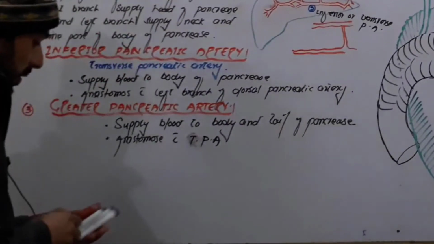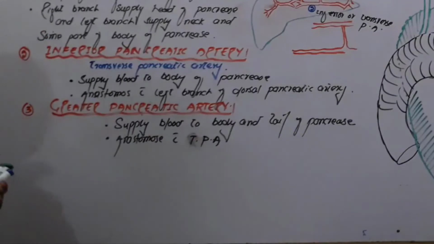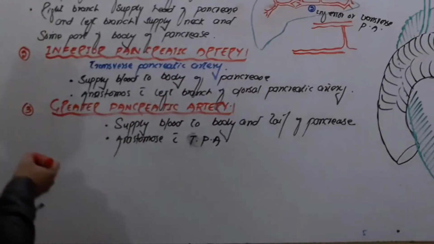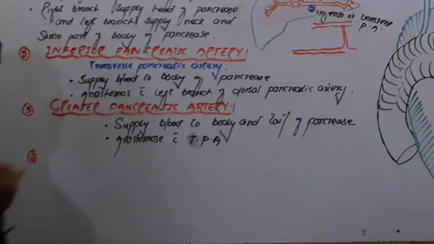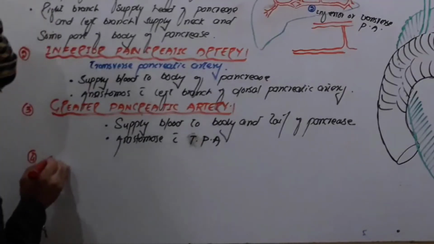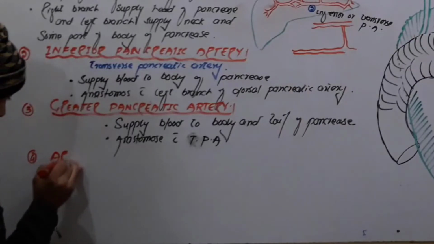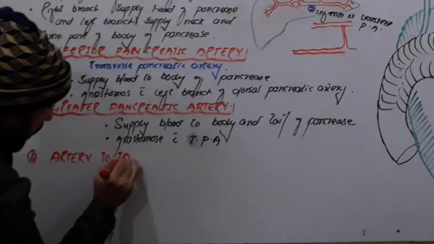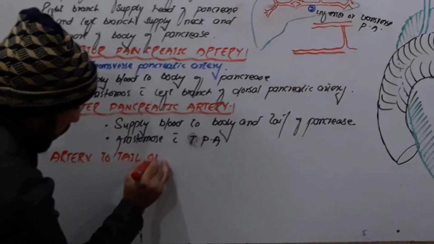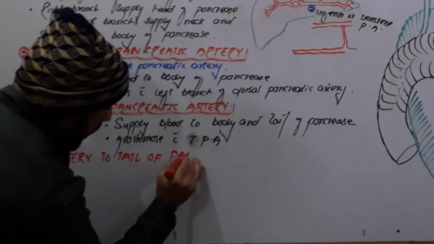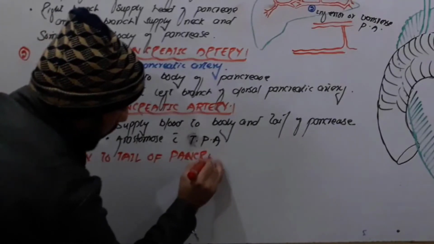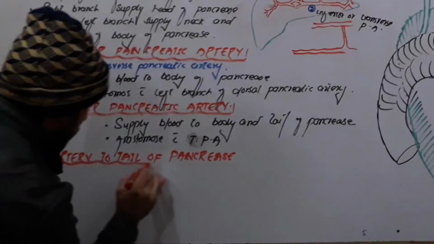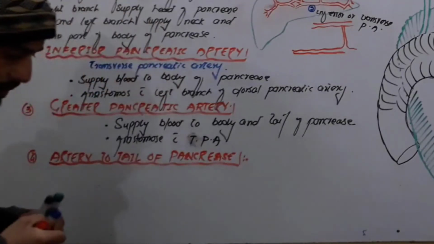Clear, friends? Now the fourth branch from this splenic artery is the artery to the tail of pancreas, and I will show you that artery right now. So the fourth branch is artery to the tail of pancreas.